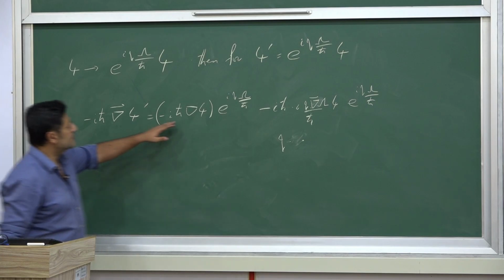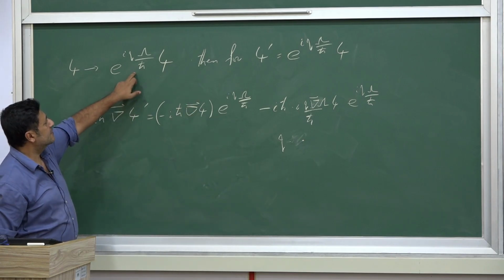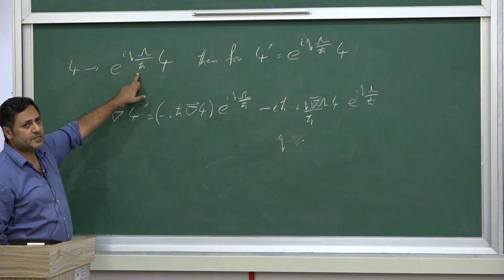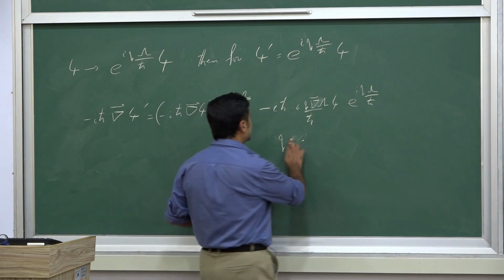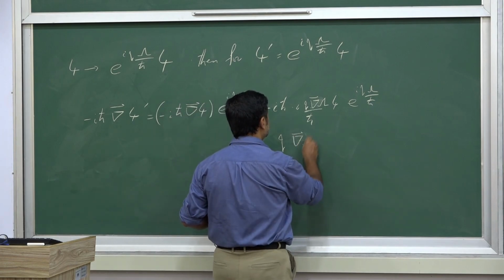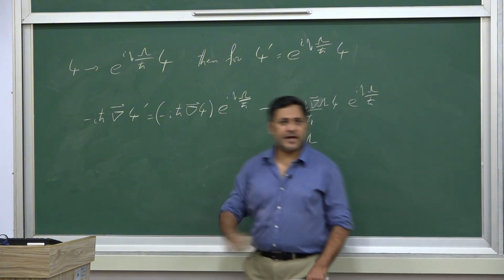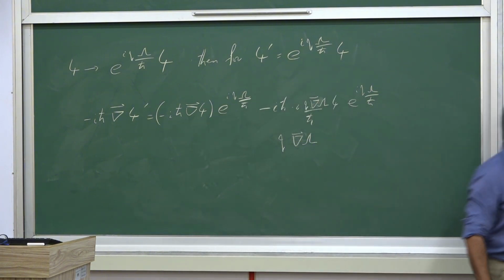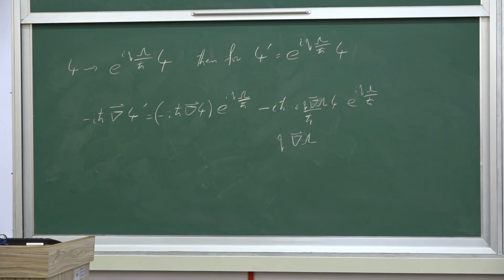Once you differentiate this, once you differentiate that, you get this term, which is exactly the term which you wanted to cancel. So when you change the wave function and simultaneously change your vector and scalar potential, this term will cancel with the time derivative of the Schrodinger equation.